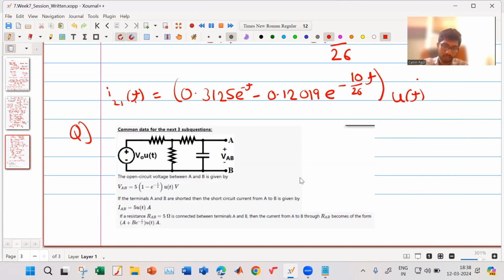I'll give you 1 minute to read the question. So how will we solve this circuit?